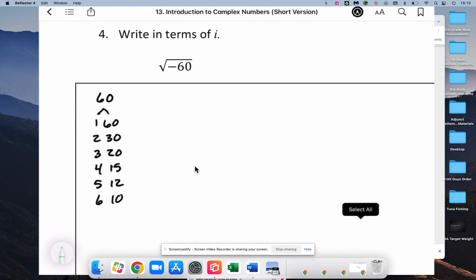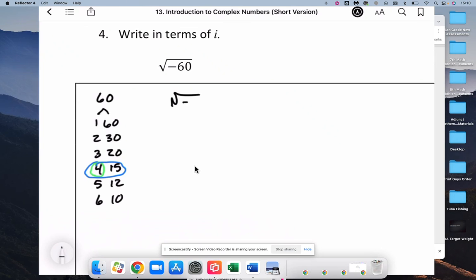So we look for our biggest perfect square. I wonder if it's going to be 4. I think so. So 4 is going to be our biggest perfect square, and 15 is its partner.